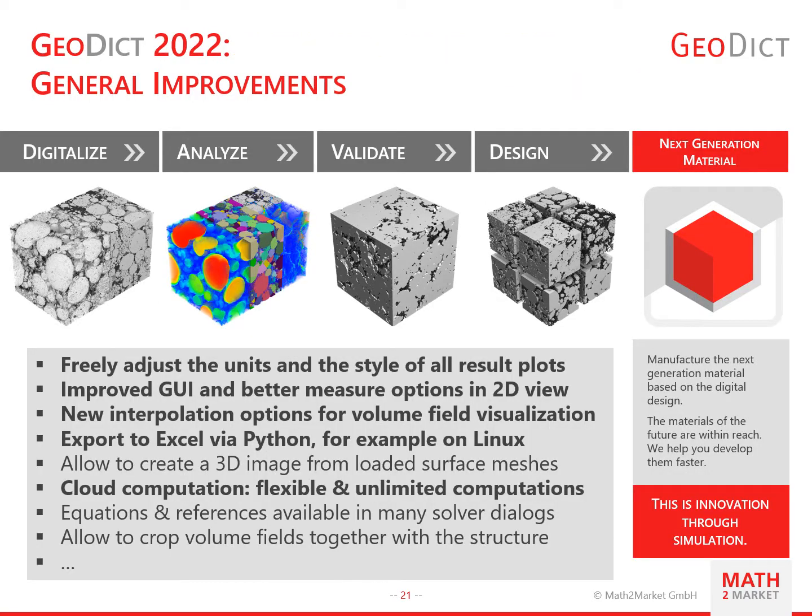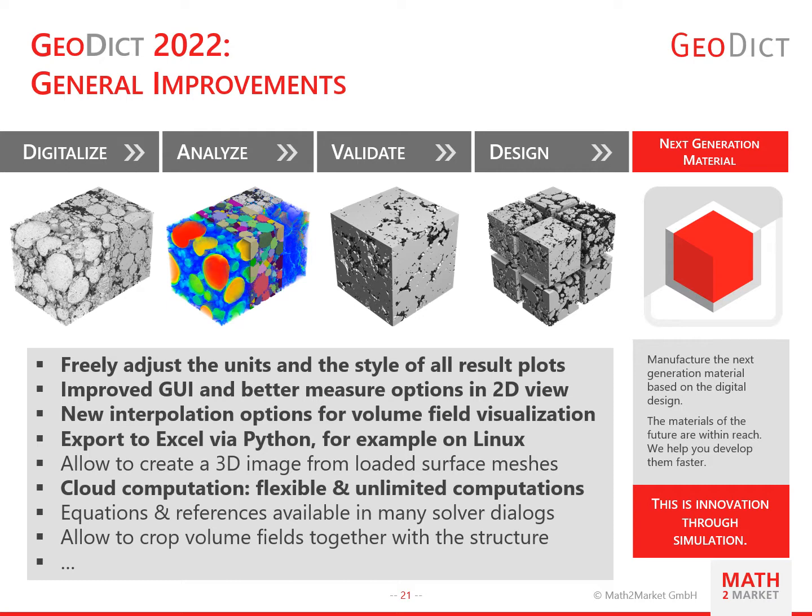At the end of my talk, we come to some general innovations which are useful for all steps in the design workflow. It is possible now to freely adjust the units and the styles of all result plots. The main GUI was improved to allow, for example, better measure options in the 2D view. New interpolation options for the volume field visualization are available.